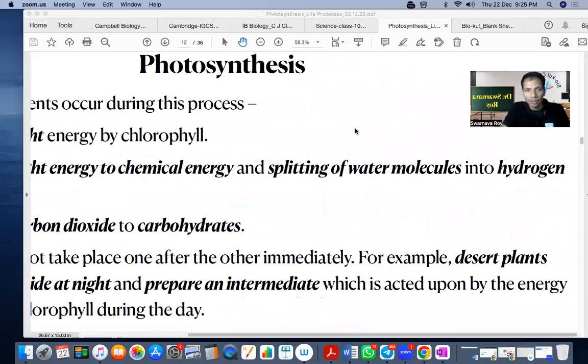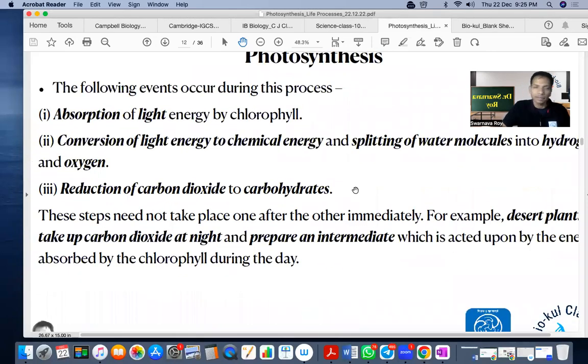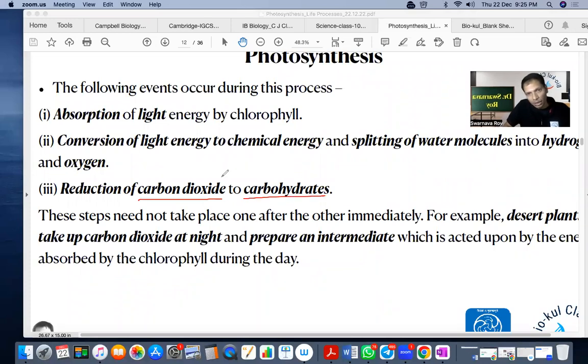So hydrogen and water. The third step is reduction of carbon dioxide to carbohydrates, as I said. This carbon dioxide is coming from outside, right?